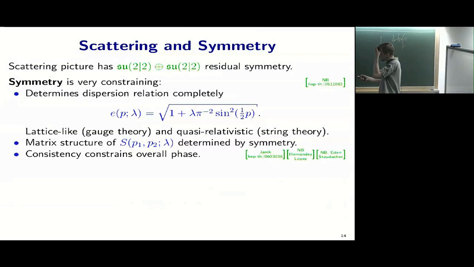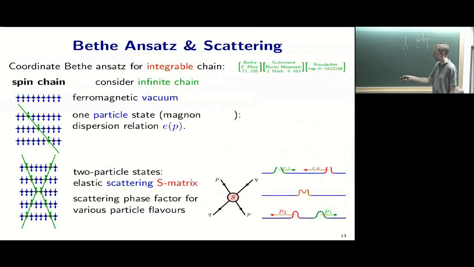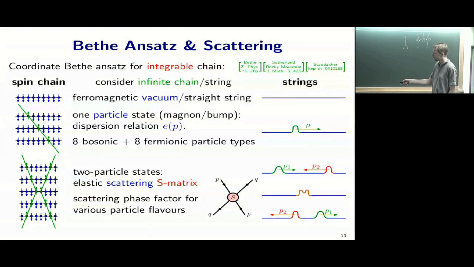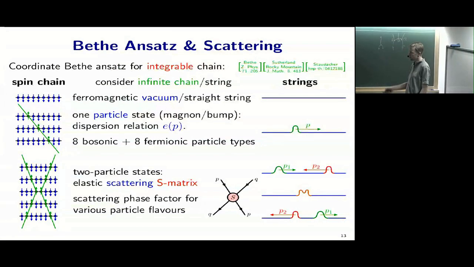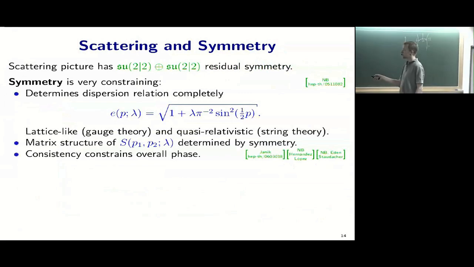So it's not quite relativistic, but it's something you might expect from a 2-dimensional quasi-relativistic theory. Okay, and that's not all, but also the matrix structure is determined by the symmetry. For this matrix, you have 16 types of things coming in here, so it's a rather big matrix. It describes all cases, but all of these matrix elements are related, and even the overall phase is constrained by some consistency requirement.